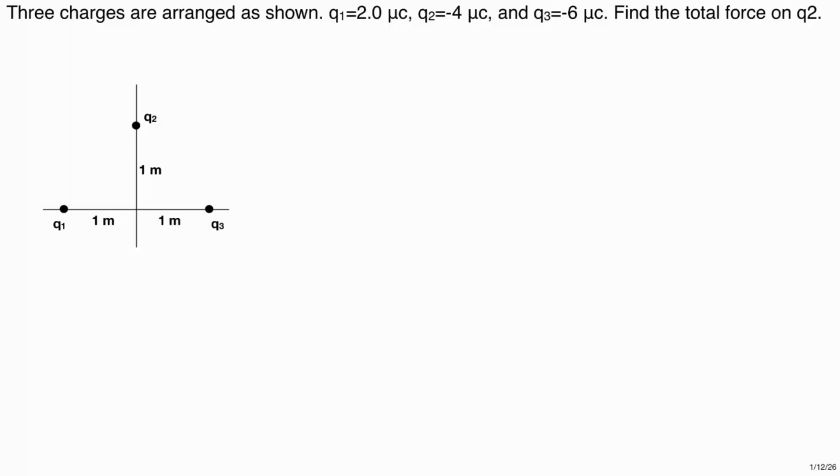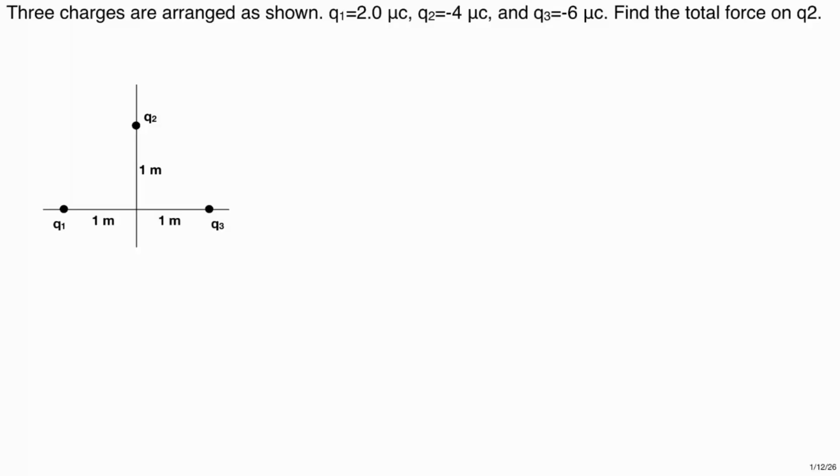Our general strategy here, before I even write down any math, is to find the total force on charge 2. I got to look at my notes because I can never remember the order of the thing.